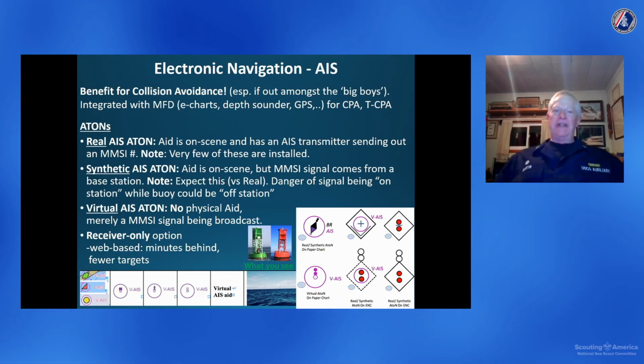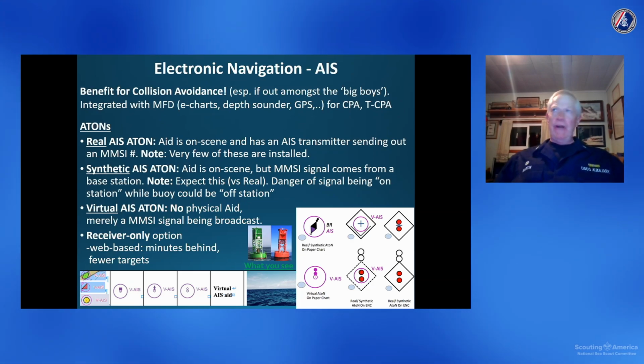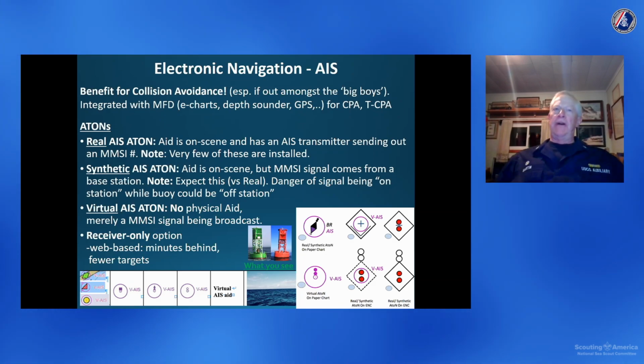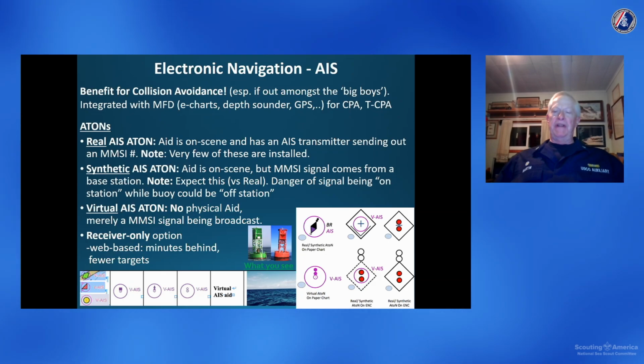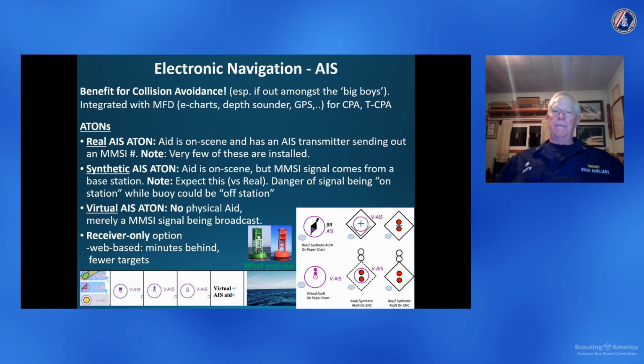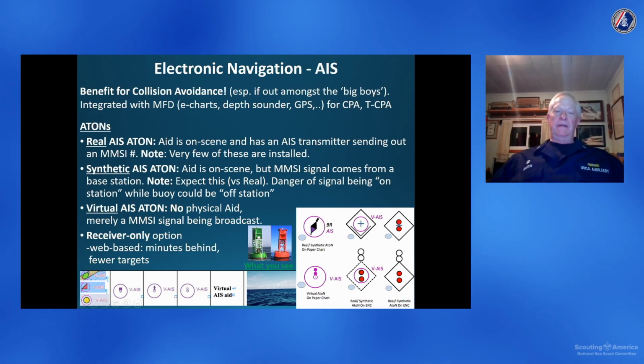Whereas the virtual aids to navigation, there's no physical aid there. And if you're looking for something, you're not going to see it. But if you have MMSI, then you're going to see it. So that's probably all that you need to know about those.